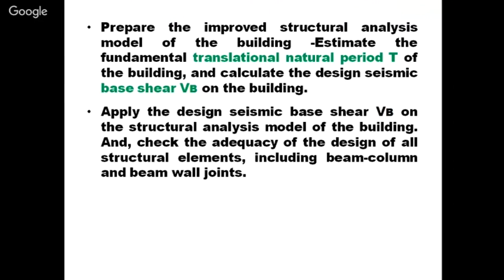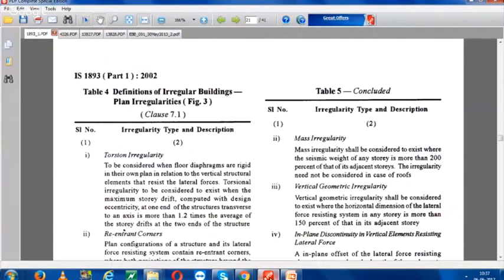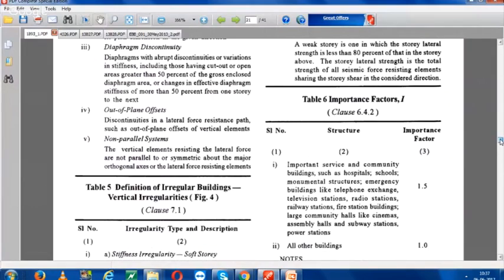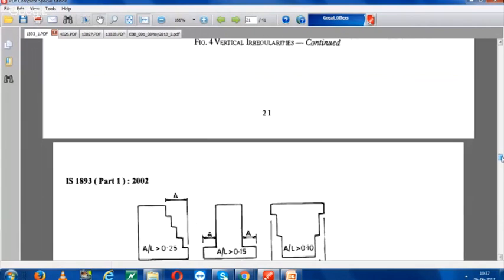Now how you can design for earthquake resistant features. First of all, prepare the improved structural analysis model for the building. Estimate the fundamental time period, natural time period. If you see your code here, the fundamental time period or natural time period is given here.